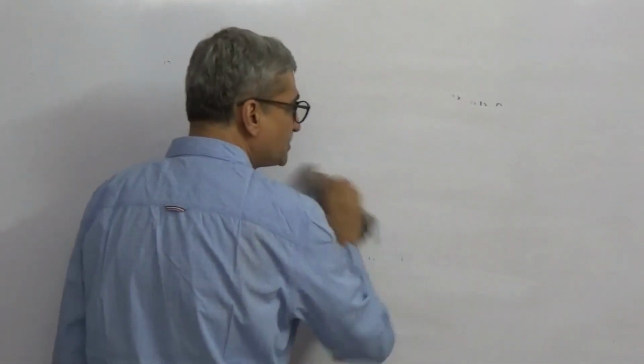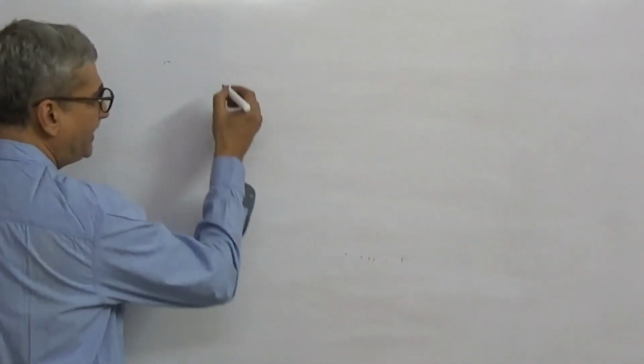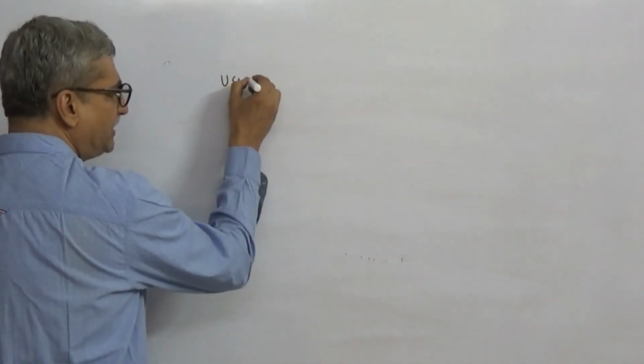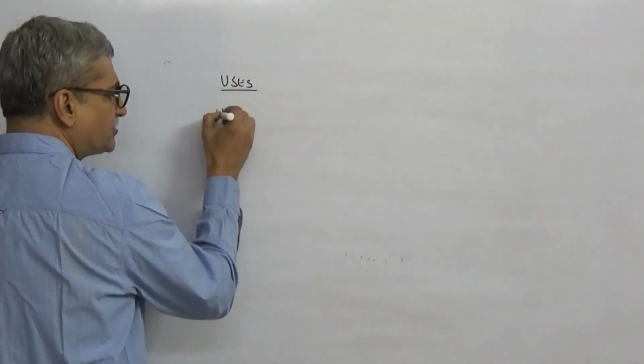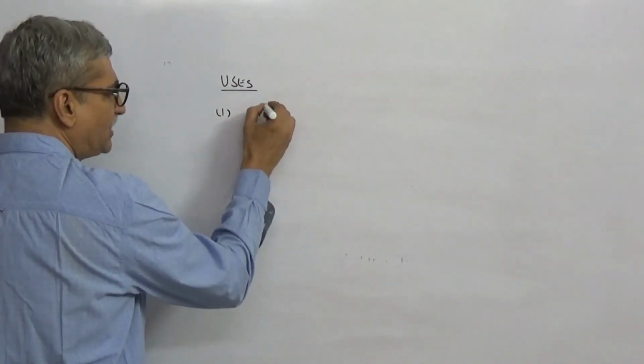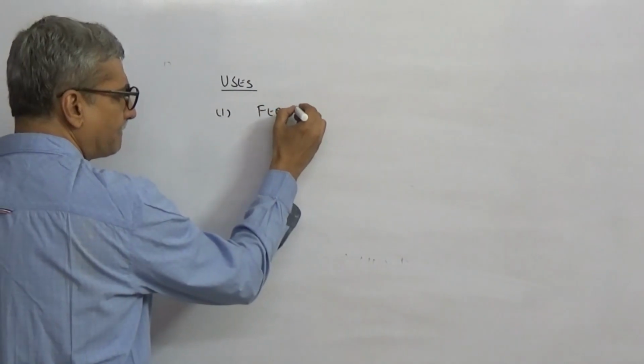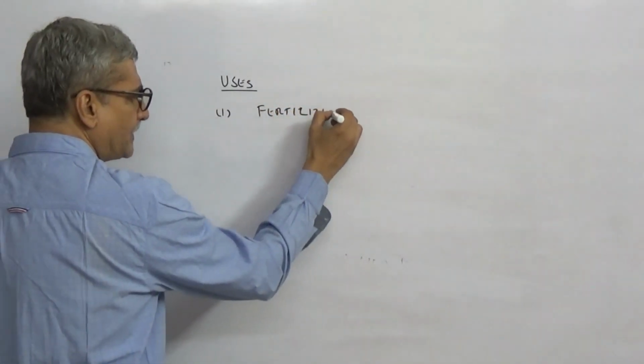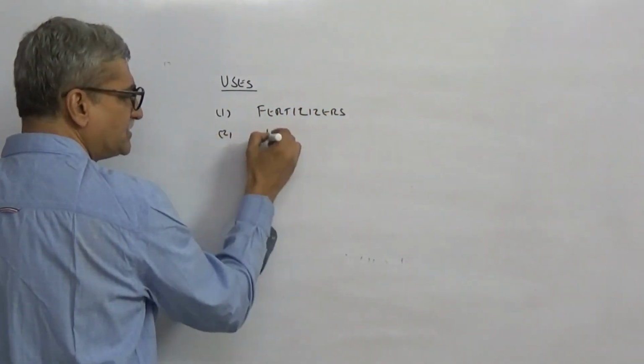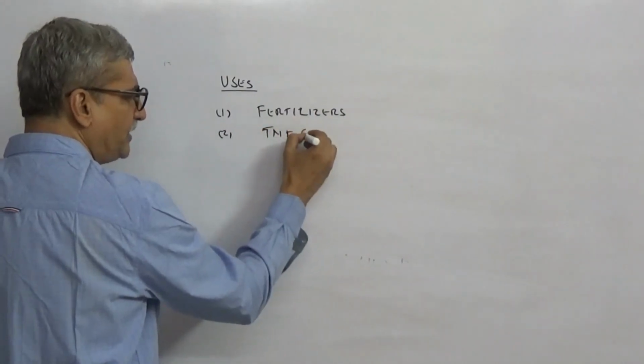Then we come to uses of nitric acid. What is there to talk about uses? The country's GDP is calculated by the amount of sulfuric acid and nitric acid used. Mainly used for making what? Fertilizers. Mainly used for making fertilizers. TNT, trinitrotoluene explosive.